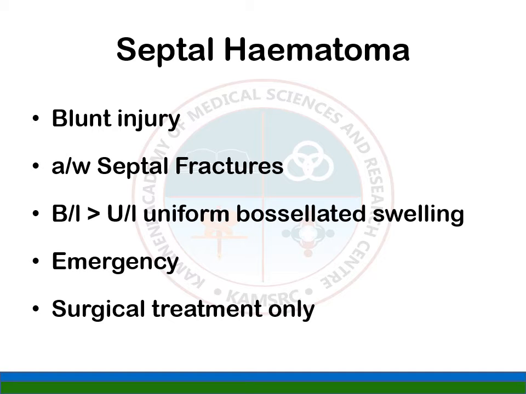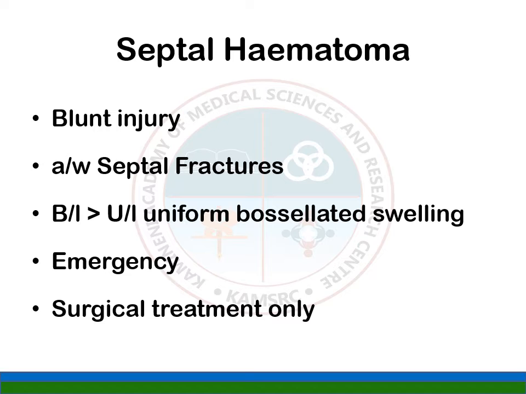You are also supposed to remember the substances, ointments or pastes required for doing the anterior nasal packing. And please remember, because this is a hematoma, we cannot allow it to organize. There is no medical treatment. There is only and only a surgical treatment, that is incision and evacuation of the hematoma.